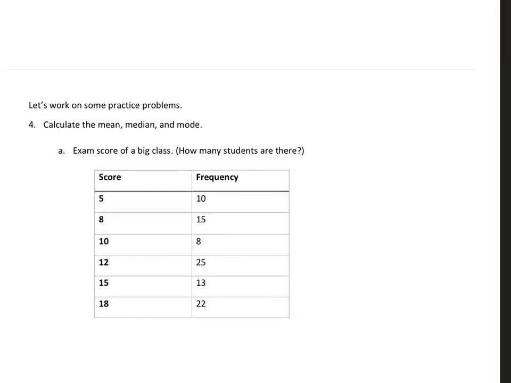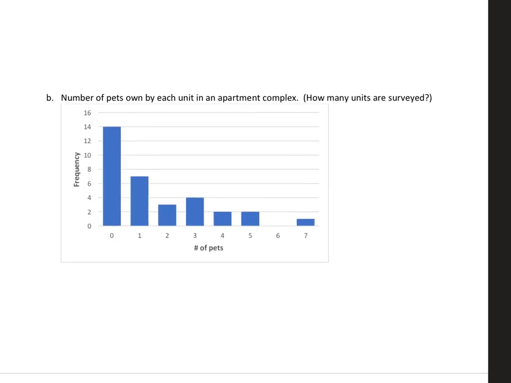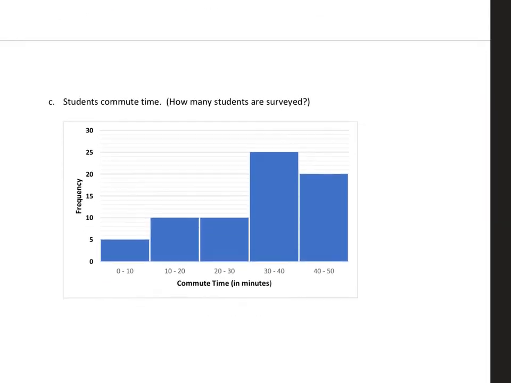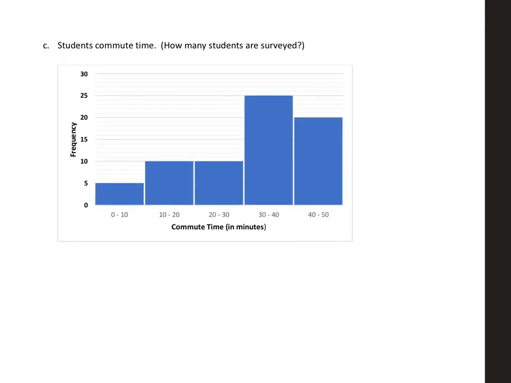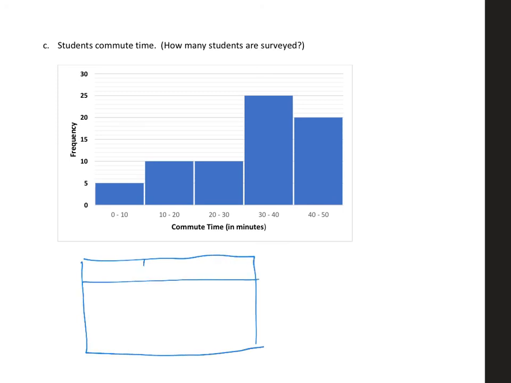So actually, let's look at the very last example. First I want to commute. So I see a histogram. How do I create the table? So here, let me do this. This is my class. This is frequency, right?